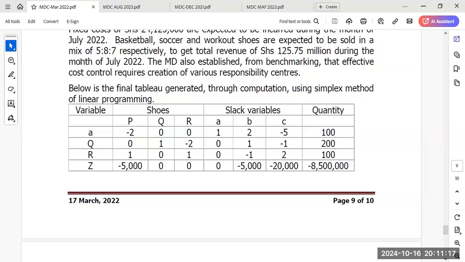Whether you're using the graphical method or the simplex method, there are some steps that are the same. Obviously, you have to first develop what we call a linear programming model. That is very key.